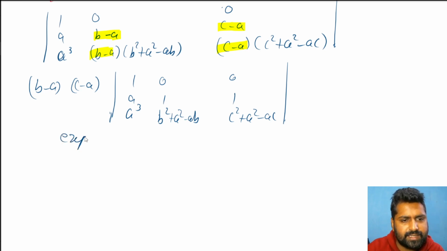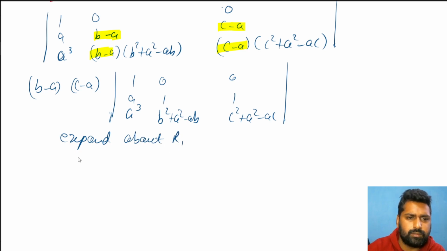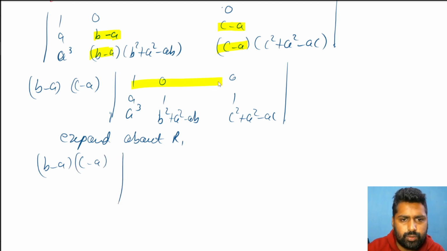Okay, let's expand about R1. So b minus a, c minus a. We are expanding about this row. So positive, negative, positive, and there is 0, so we don't have to expand about that. We have to do it for only 1.